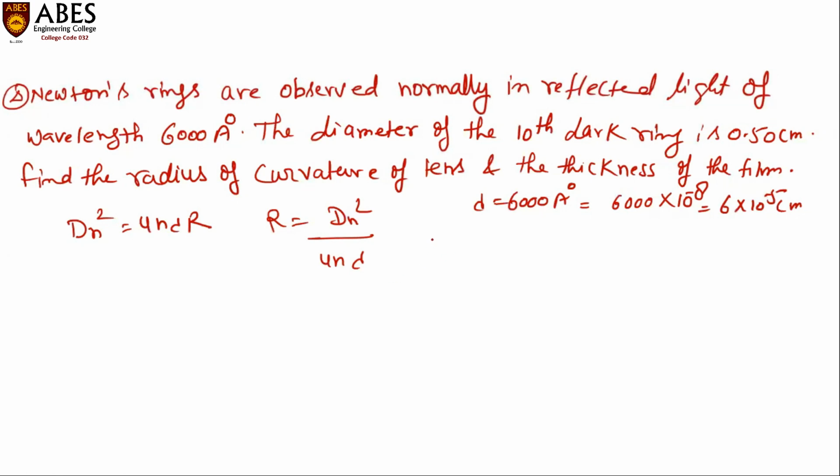For the 10th dark ring, n is equal to 10, and the diameter Dn is equal to 0.50 centimeter.